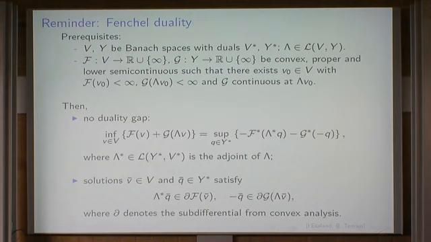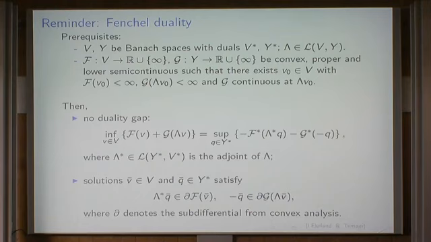Okay, and now you would like to characterize solutions. How can you characterize solutions? Well, we have this, call it Euler-Lagrange, call it KKT, call it first order conditions, which arise, for instance, if you just compute the derivative. 0 is an element of the subdifferential of f plus lambda star times the subdifferential of g, and then you bring in this quantity q and decompose what I just said, and you'll find out that this is the corresponding first order condition.